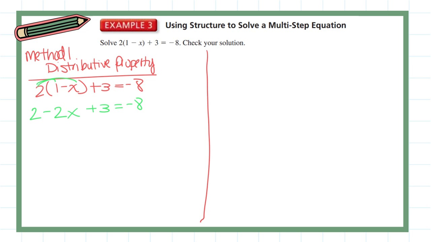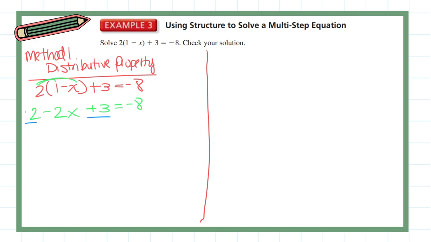Now we're going to combine the like terms, and the like terms here are the 2 and the plus 3. Always take the number in front, not behind. Notice that this first 2 is positive. The negative sign behind it belongs to the negative 2x.